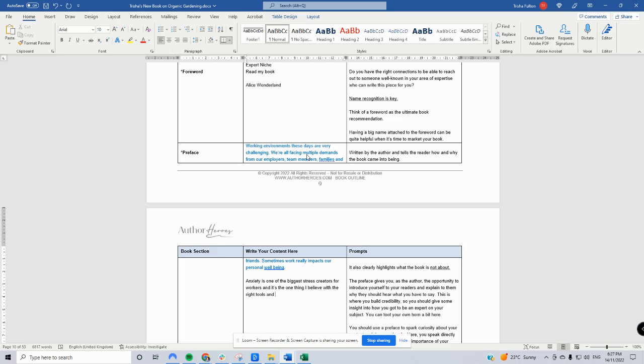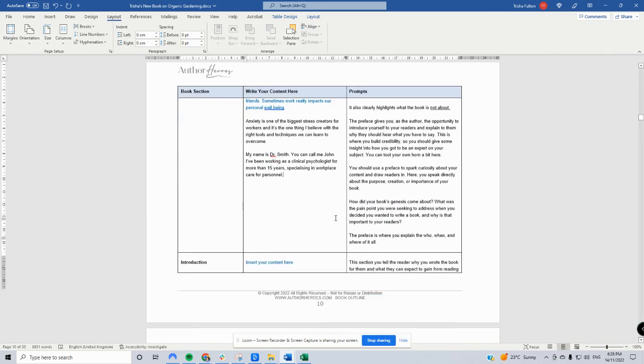Right, tools, and then you just put in some ideas here.